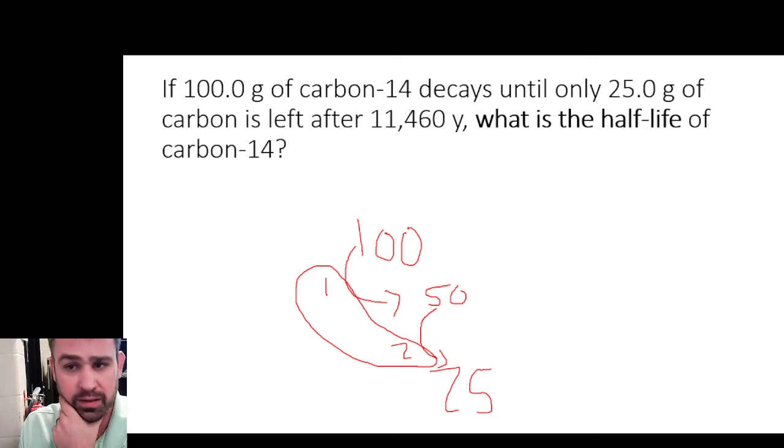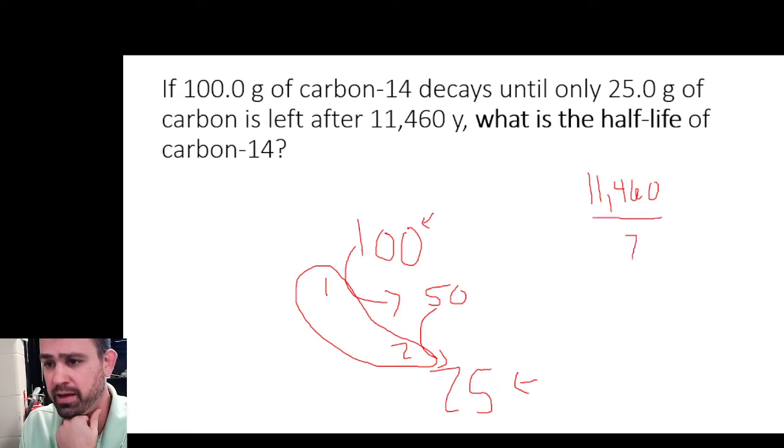Well, if carbon is left after 11,460 years, what is the half-life? If it took 11,460 years to go from 100 to 25, and it took 2 half-lives, well, if I divide this by the number of half-lives I've been through, that will give me the amount of 1 half-life.